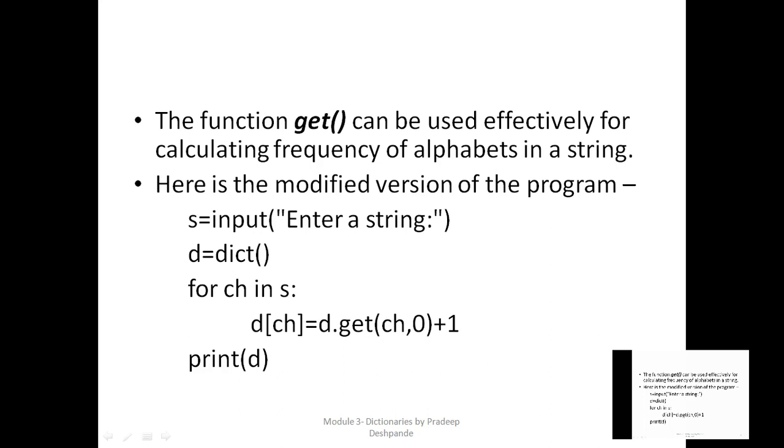If this value is not available in the dictionary, it will add 1 to the counter of that particular alphabet. If it is already available, then the existing value is taken and 1 is added to it. So this program also counts the frequency of alphabets in a string.